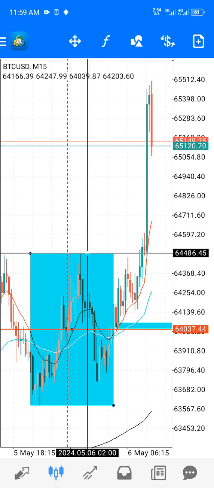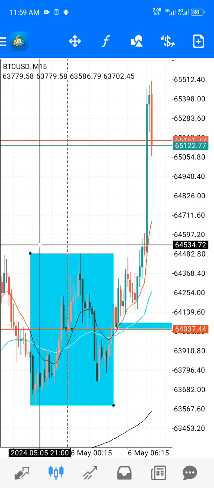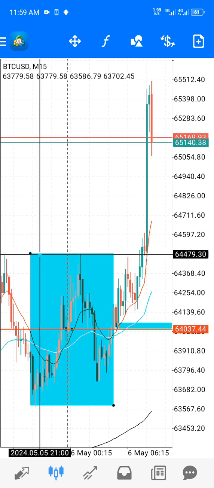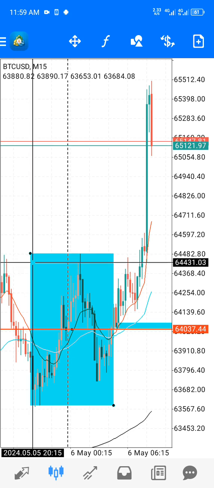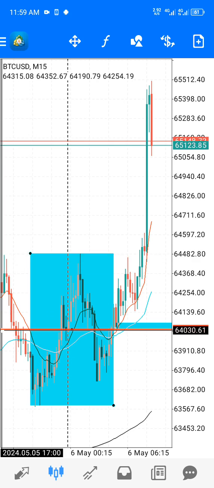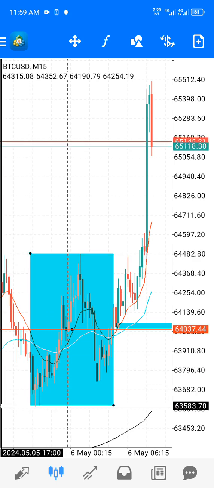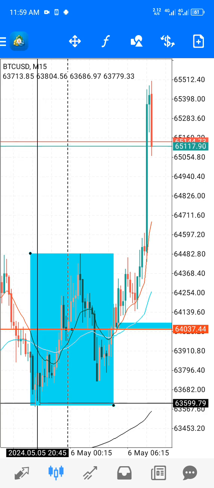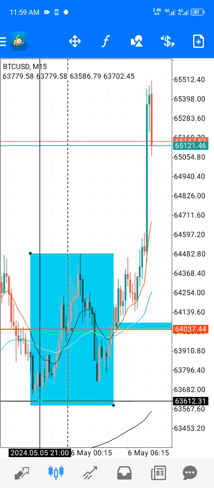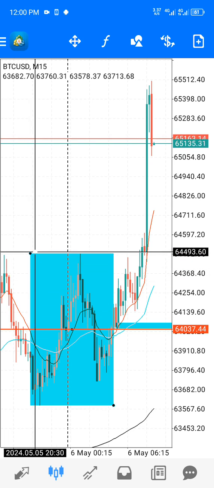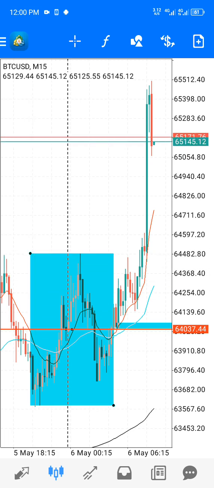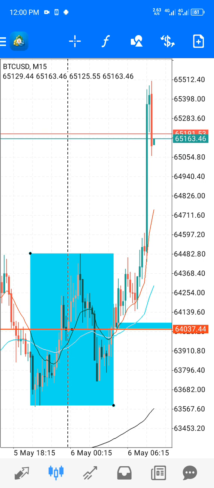That's why when you look at my box, you can see that I drew my box at the high and at the low within that time interval. So here is the low and here is the high that was formed during the Asian session.